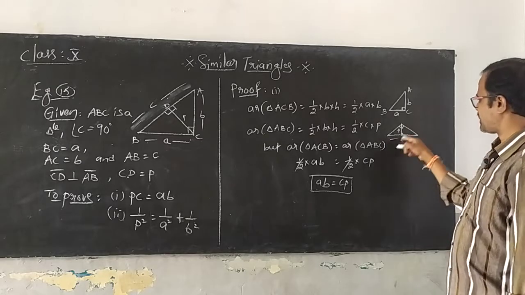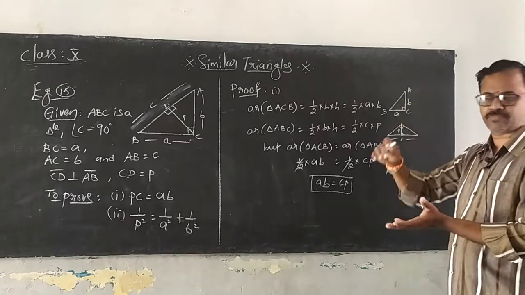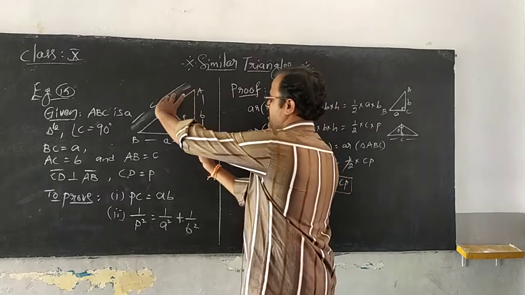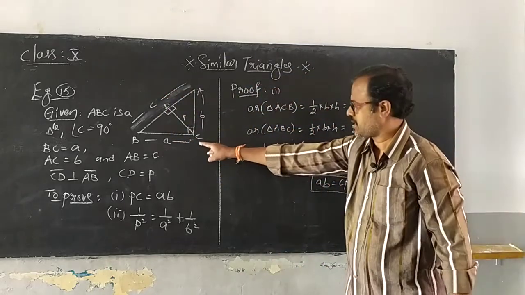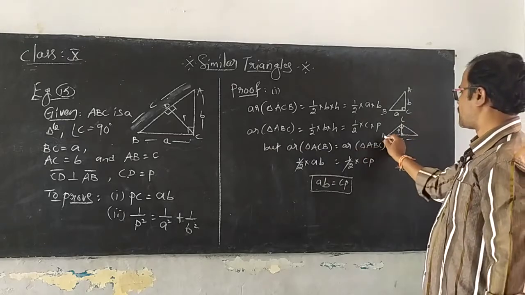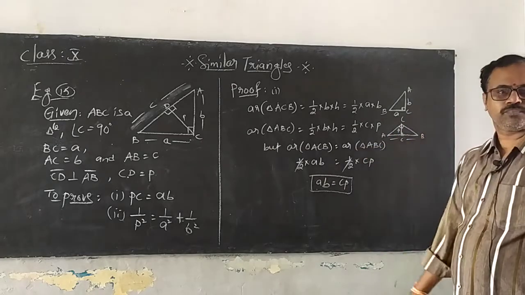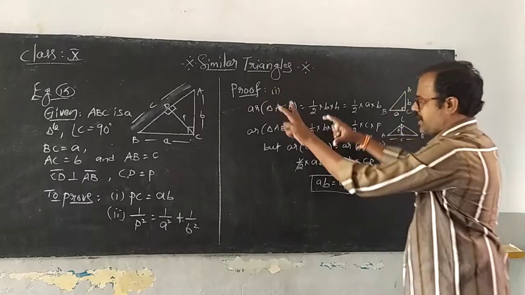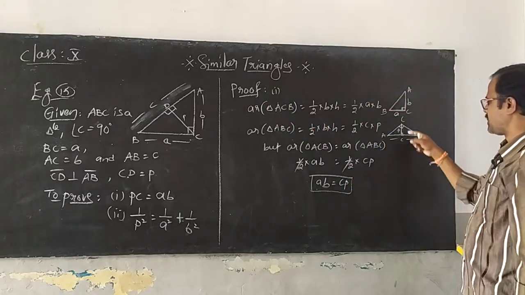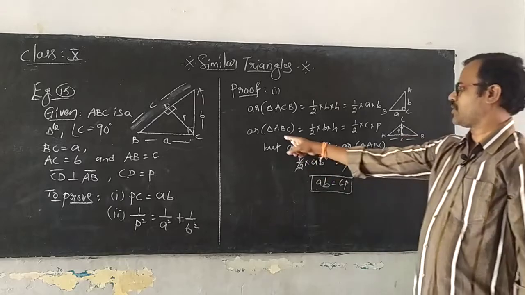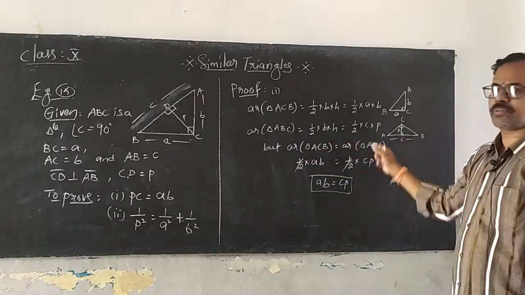Similarly, take the same triangle in a different direction. I turn this triangle upside down, so that C goes to the top and AB comes here. The same triangle is turned in another direction where the base becomes c and the height becomes p. So area of triangle ABC is equal to half cp.